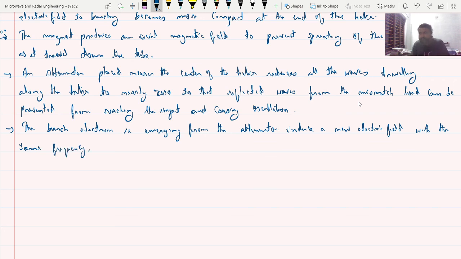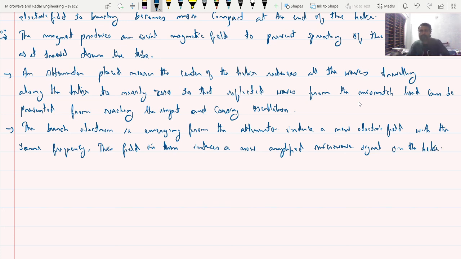This field will in turn induce a new amplified microwave signal on the helix.